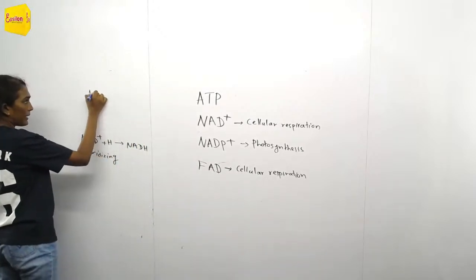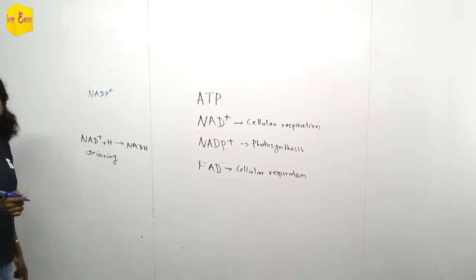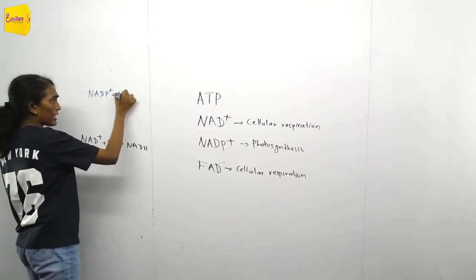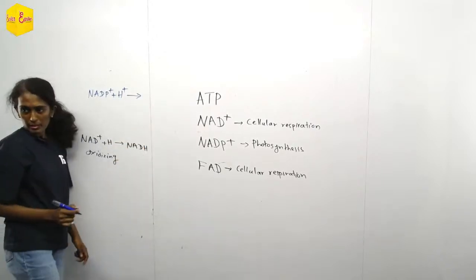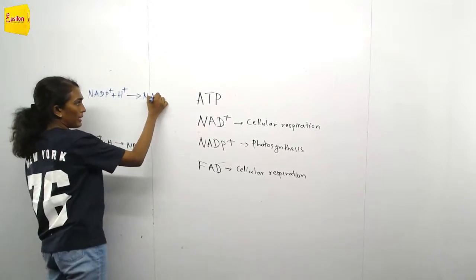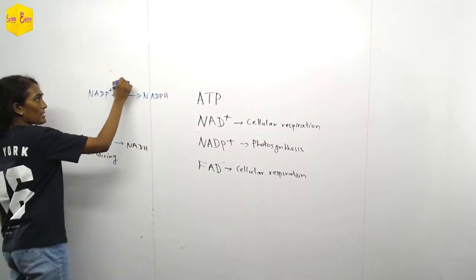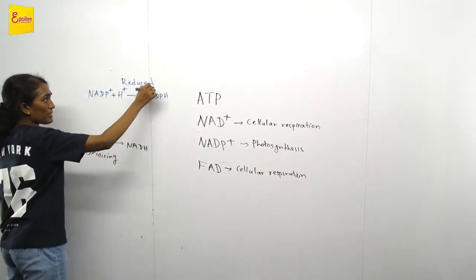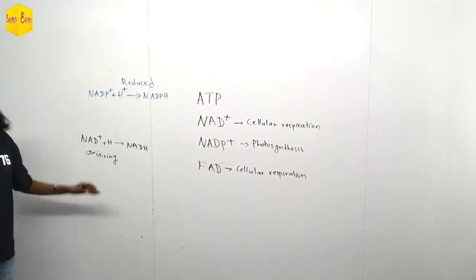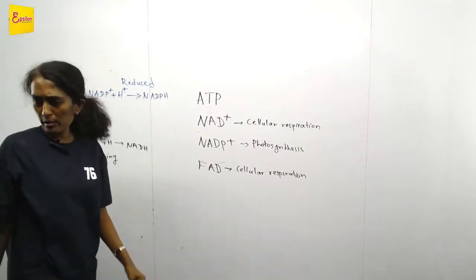Now think, NADP plus is there. It can take hydrogen. If something is taking hydrogen, it means that it is reduced, right? So this is forming NADPH. So this substance is reduced. While it is reducing itself, it can oxidize something, as you have heard about redox reactions.